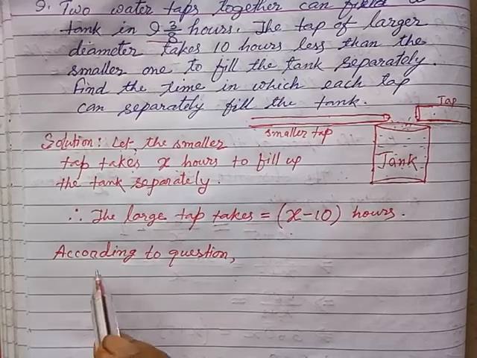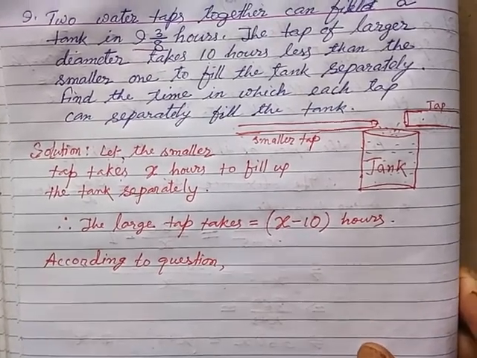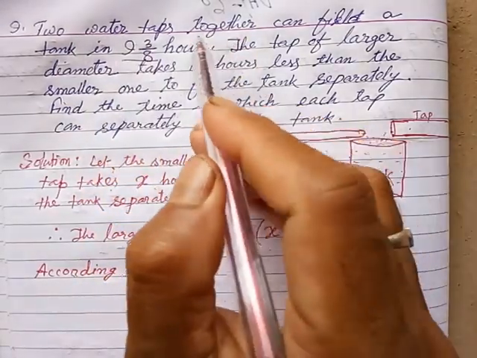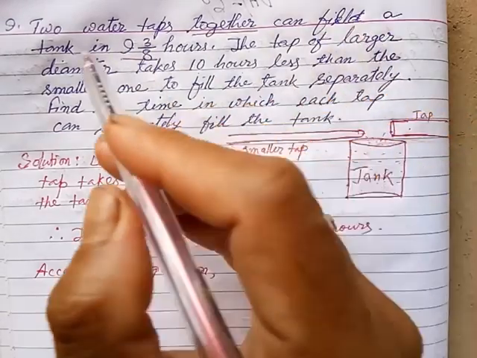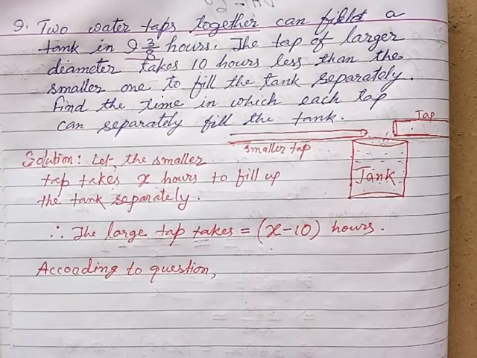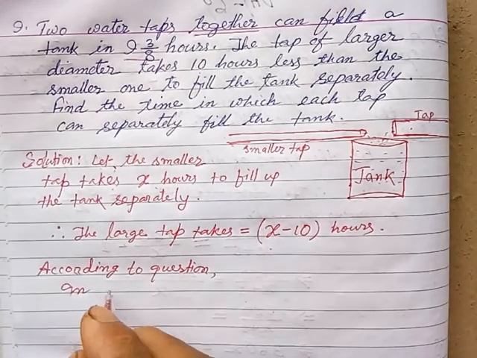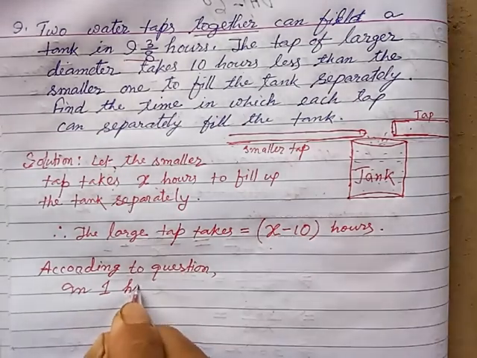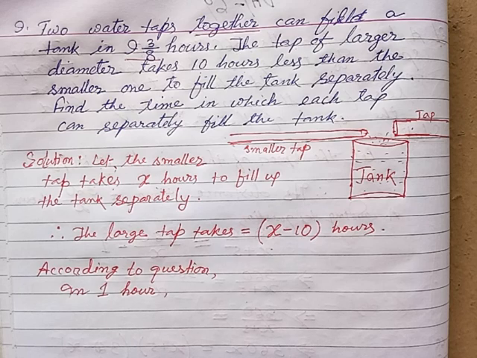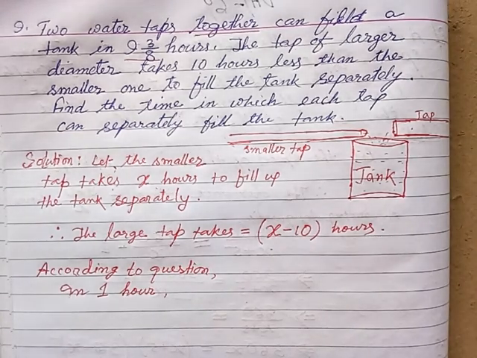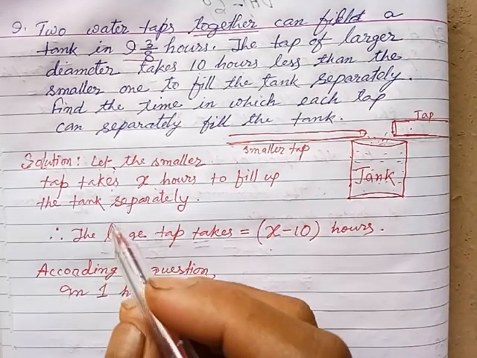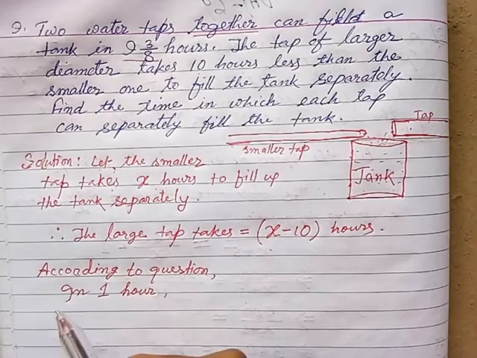Now just look here. According to the question, the two water taps together can fill the tank in 9 3/8 hours. So let's consider 1 hour.